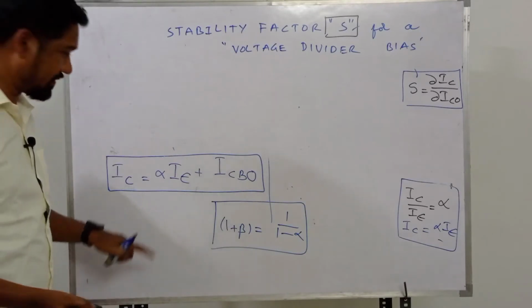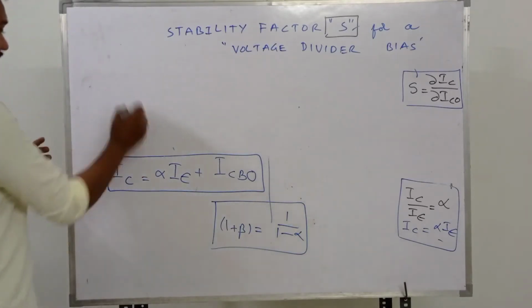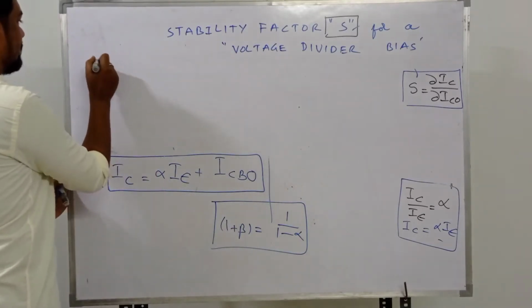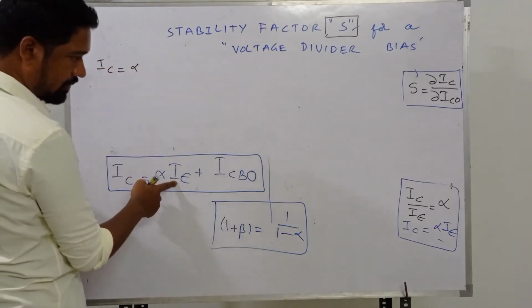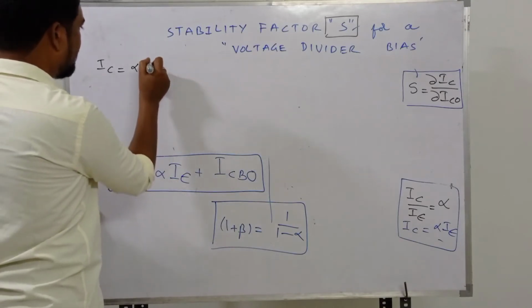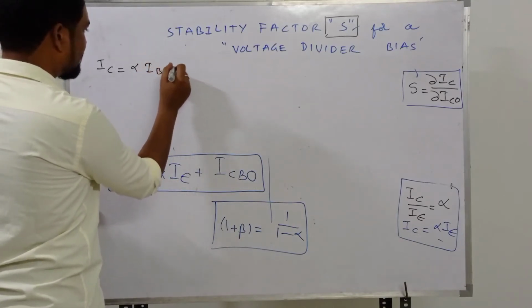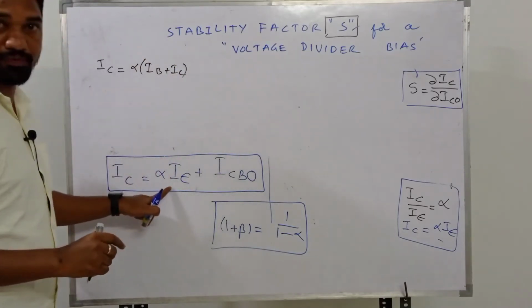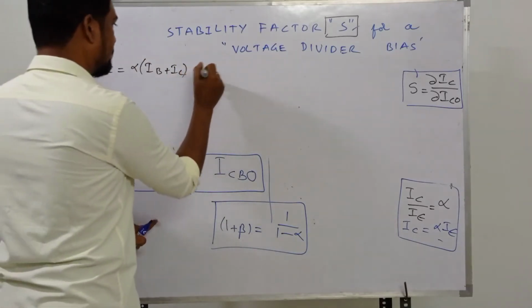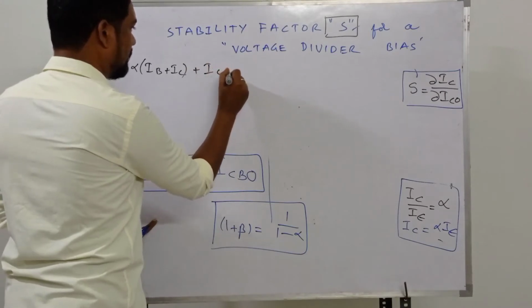Yeah, so guys, recollecting this one, IC is equal to alpha IE, as it is. IE could be plugged in with IB plus IC from the transistor configurations and the flow of currents, plus ICBO.